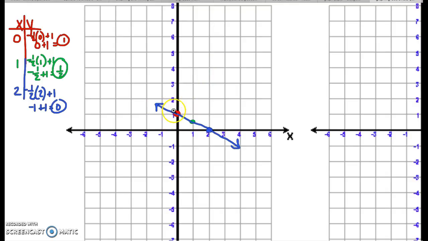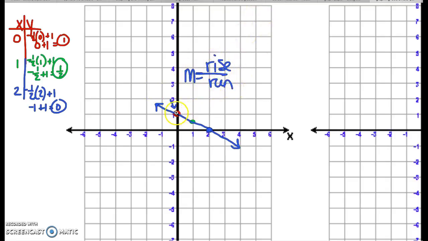Now the next thing it asked me to do was to fill in the table. What is the slope of that line? If I start right here at this point, I want to figure out directions. How do I get to another point? Well, I'm going to go from my red dot down to this blue dot. It'd be better than dealing with a half right here. Remember, slope is rise over run.